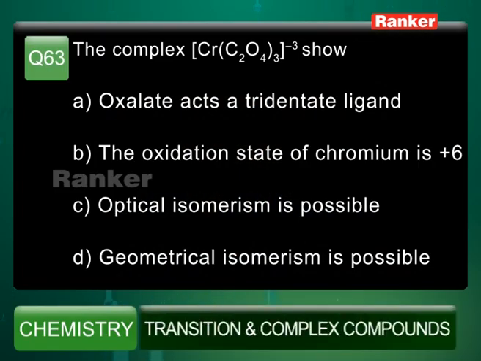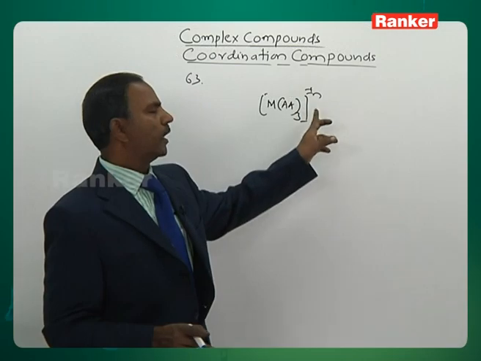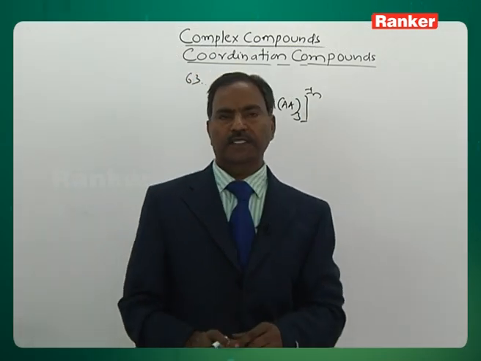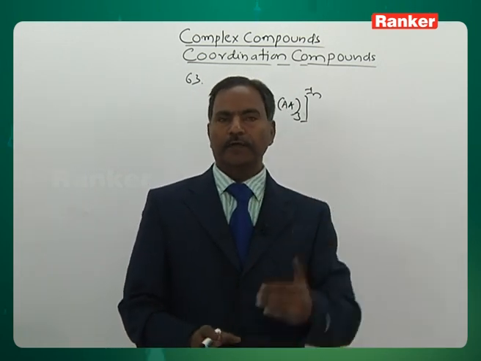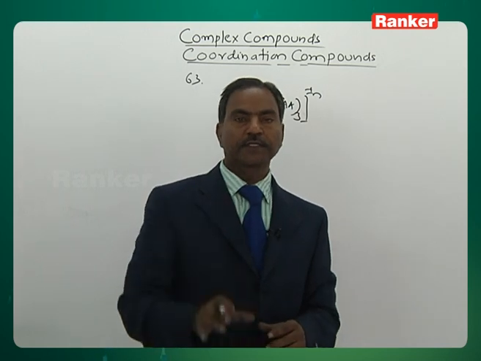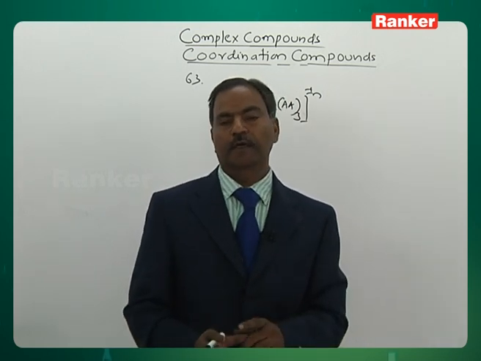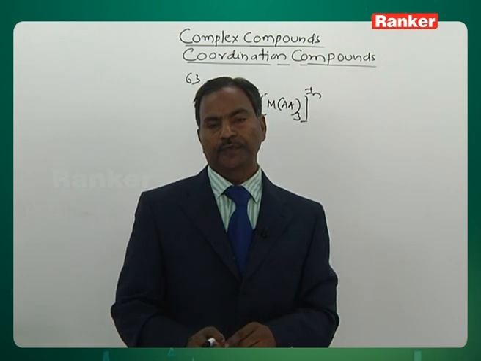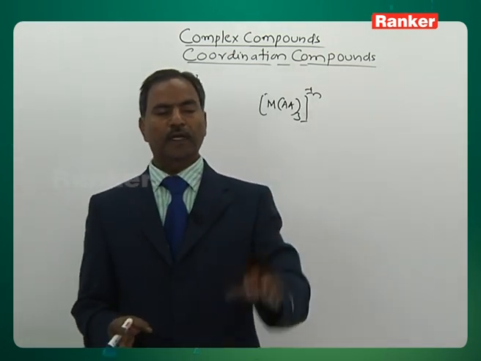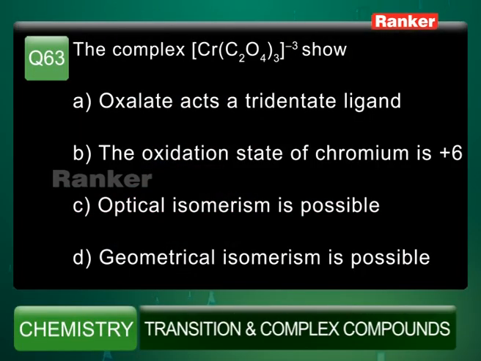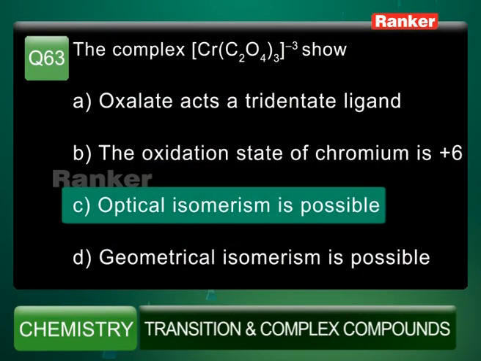No. The oxidation state of chromium is +6, it is said? No, in this oxalato complex, the oxidation number is only +3. He said tridentate, that is not correct. In this, geometrical isomerism is not possible, only optical isomerism is possible. Therefore, question number 63, the answer is C.